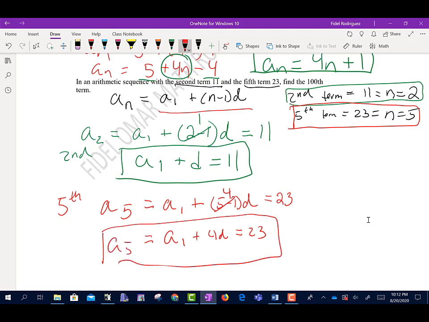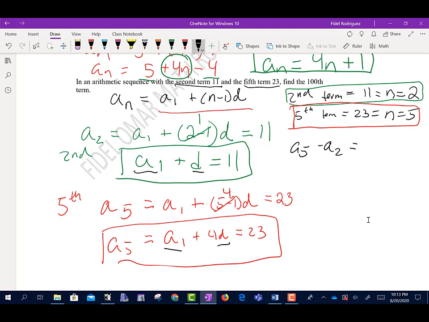Now we need to find something. We have two pieces of information that we don't know. We don't know what a1 is, and we don't know what the letter d is. So let's take the fifth term and subtract the second term.